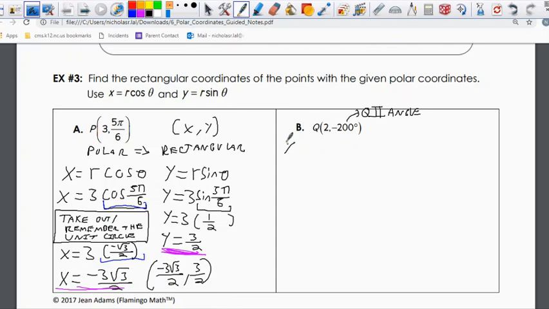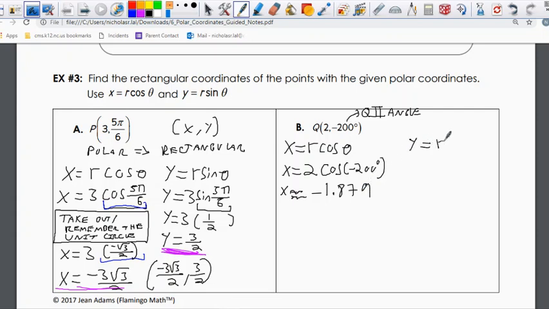So x is equal to r times the cosine of theta. X is equal to 2 times the cosine of negative 200 degrees. So x will approximately be equal to negative 1.879.